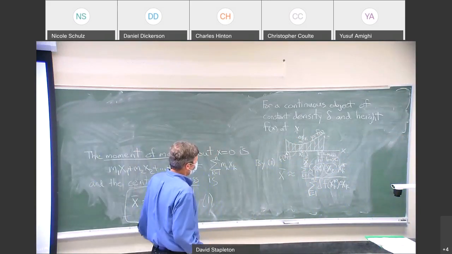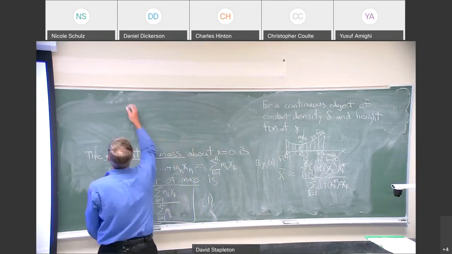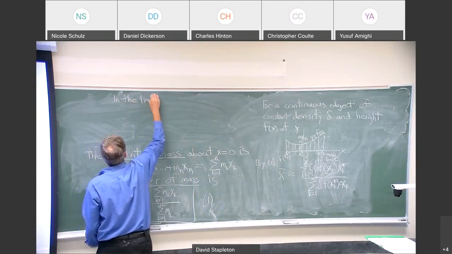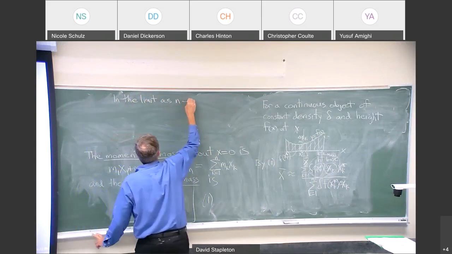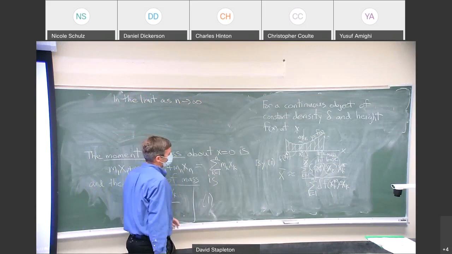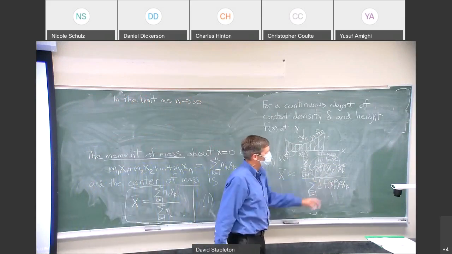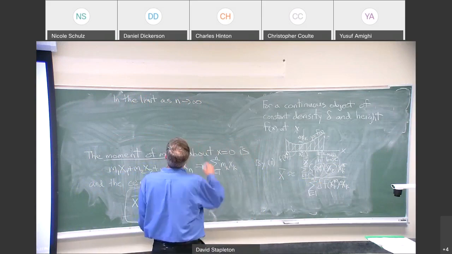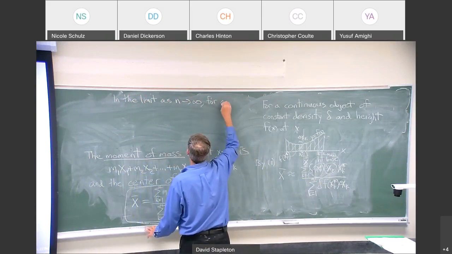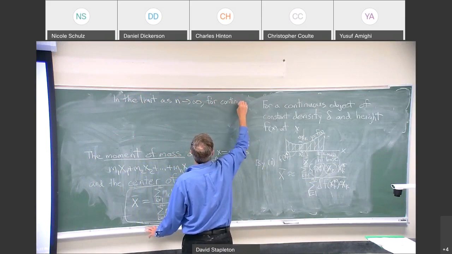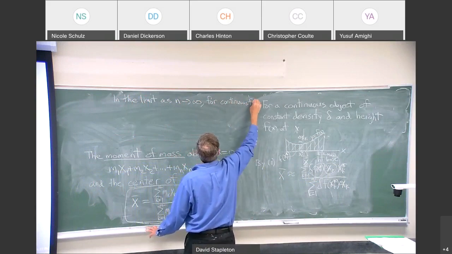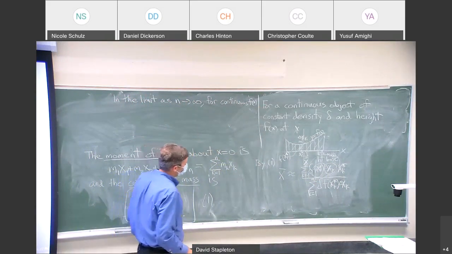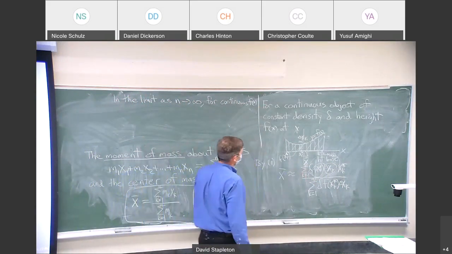And now what have I got? In the limit as n goes to infinity, we notice that all these approach the same number regardless of the partition and the point we pick on the partition, as long as f of x is continuous. So for a continuous f of x, that limit is what we ought to call the mass on the bottom and the moment of mass on the top.